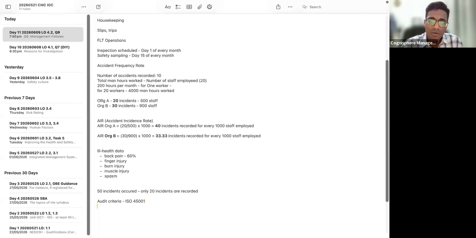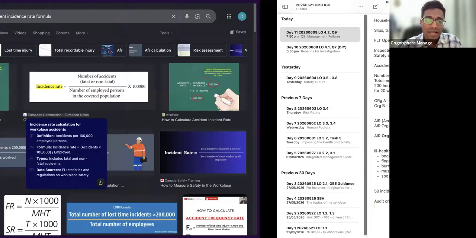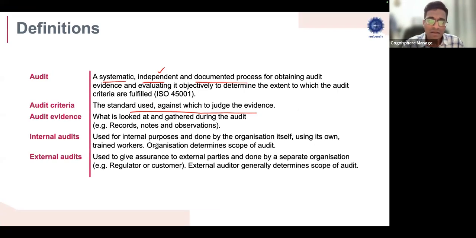So the audit will use ISO 45001 as a standard, and then as part of an audit, you will make a comparison to the standard and see which requirements of the standard are met. So audit criteria is the standard against which you judge the evidence.